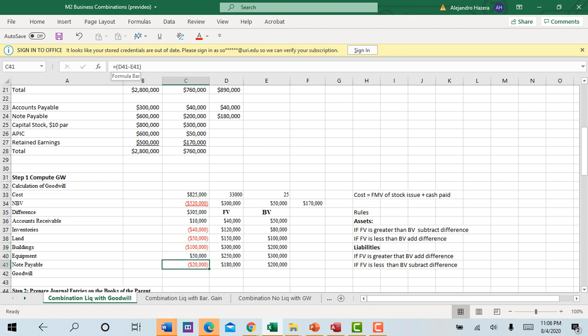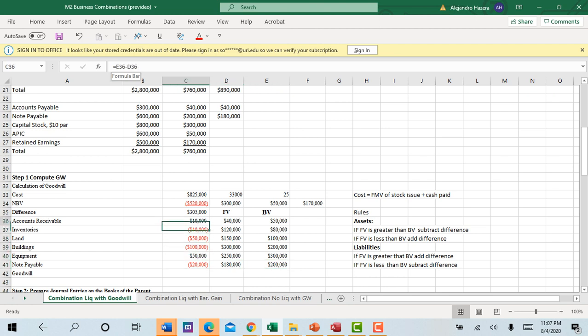And note payable. Think about this: if the fair value of a note is 180 and the book value is 200,000, that means the value of your company is actually greater because it's a liability. You really owe $20,000 less than your book value of the note. That means your company is worth more.